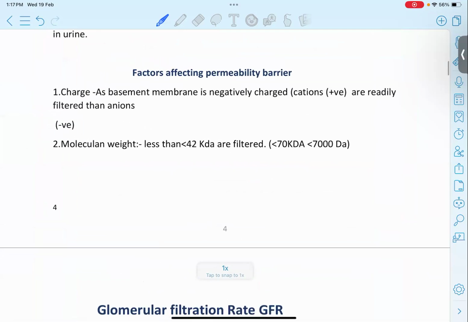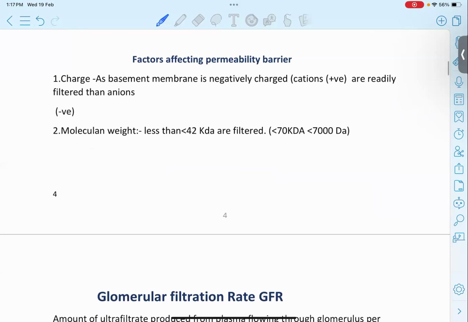Next, what are the factors that affect the permeability barrier? Because I just told you, the basement membrane is like a filter paper, and all our blood gets filtered through this basement membrane or through this Bowman's capsule. So what are the things that can get filtered and what cannot pass through?